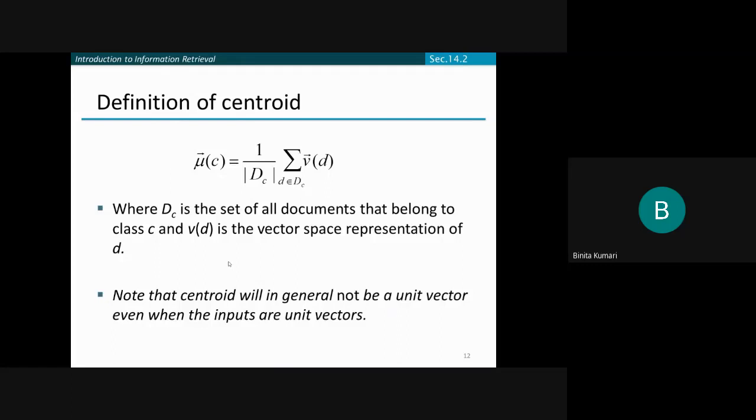So this is the definition of the centroid. D represents the set of all documents. Now D of C represents the set of all documents belonging to that particular class C. And V of D is the vector space representation of the document.